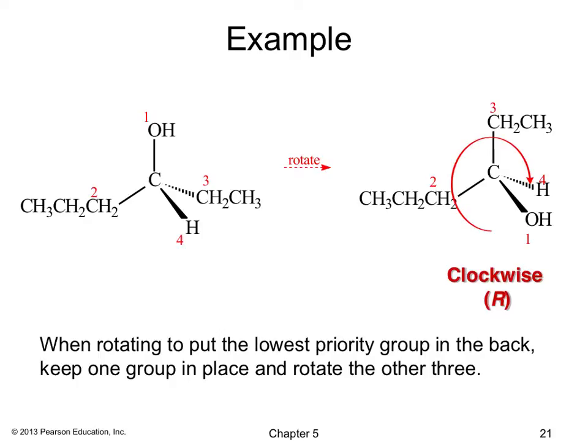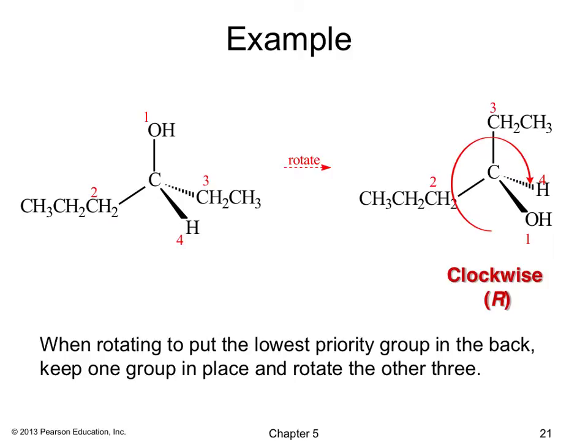So here's another example in which you have a carbon with 4 different things. The priority now is 1 being the hydroxide, this being a longer alkyl chain than this, 3, and this is the last priority. So again, this is now coming to the front, so you want to rotate this so this goes to the back.